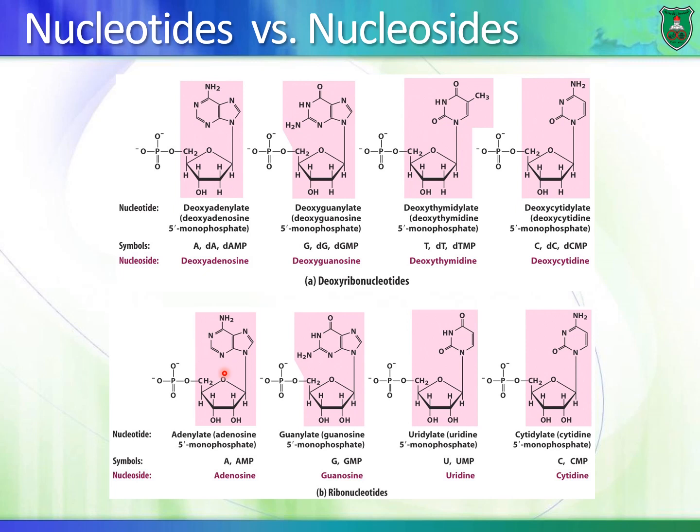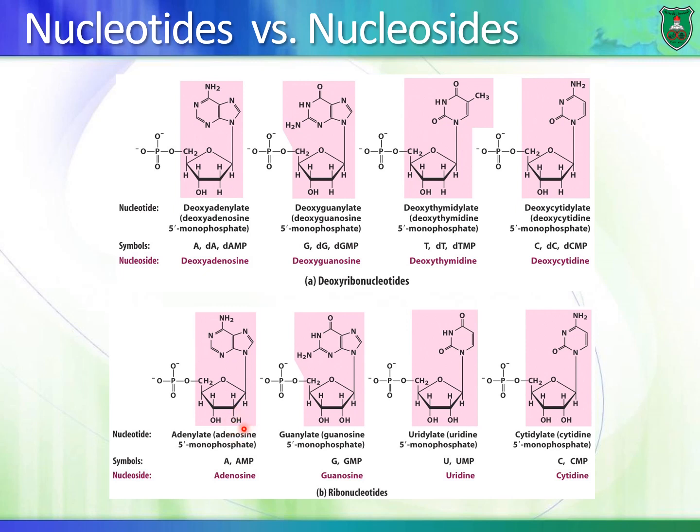If they do, you know it's a nucleotide. Then you look at the phosphate. How many phosphates? Is it 1, 2, or 3? If it is 1, you know it is a monophosphate. If it's 2, then you know it's a diphosphate. 3, triphosphate. Then you look at the sugar and look at carbon number 2 right here.